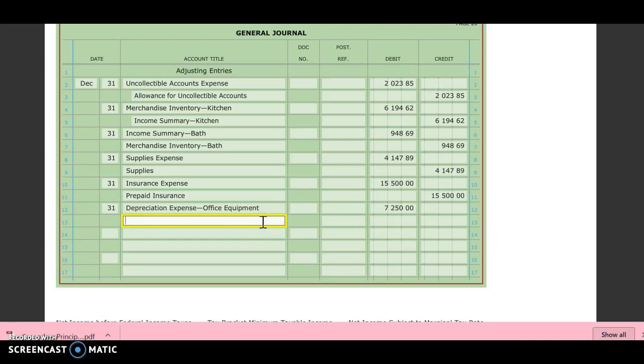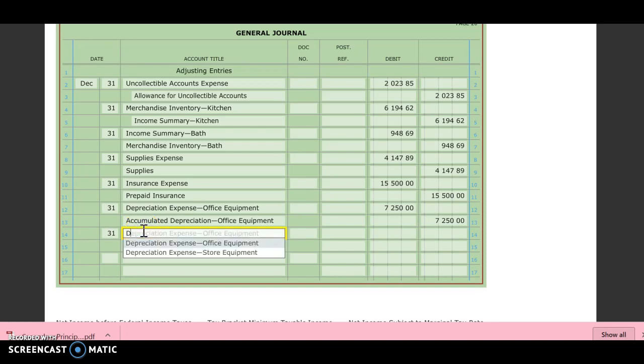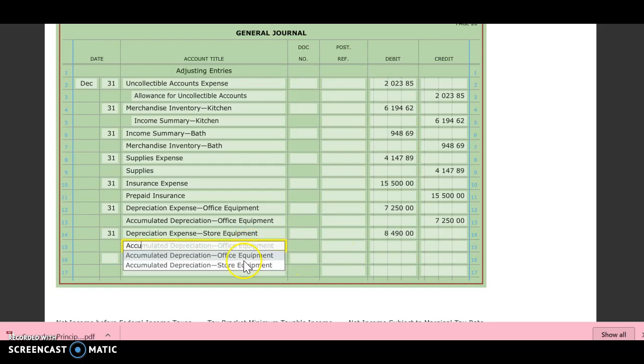And then we are going to credit accumulated depreciation office equipment for 7,250. Okay, next one we have another depreciation. This one is for store equipment, so we'll do the same thing. Depreciation expense store equipment. We're going to debit the amount that they give us, 8,490, and we're going to credit accumulated depreciation store equipment for 8,490.